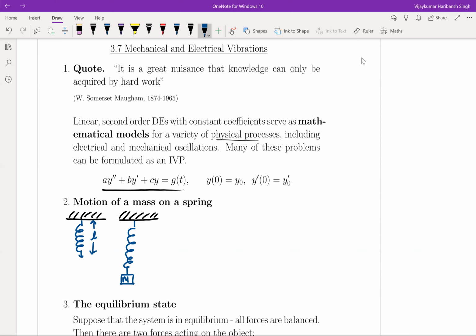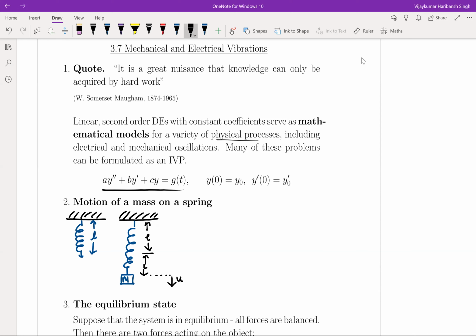Suppose the original length was here. So we have, this was our original length L, and it got elongated by L. And then suppose there is a motion happening.